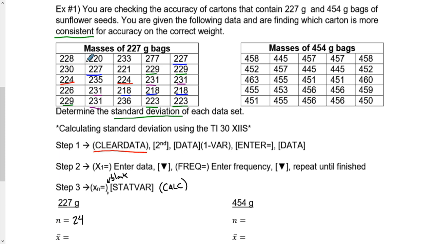So I'm going to press my data and see what I've put in. I put in my 228. And as I use my arrow down, I have one of them, 220, great. Frequency 1, 233, frequency 1, 277, yep, it's one of those. 227, I see there's 2 of them, so I should be at 6 right now. 230, 221, 229.